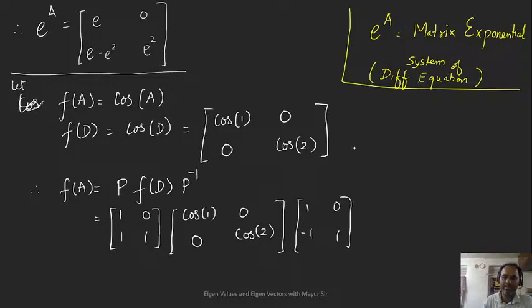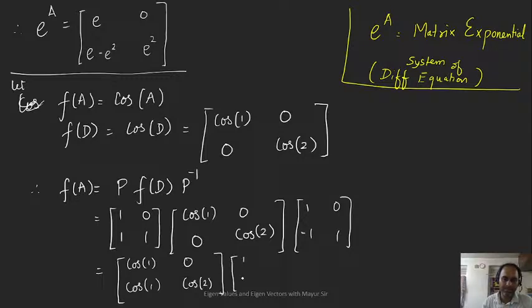So on simplification, what do we get? We get [cos 1, cos 1; 0, cos 2].